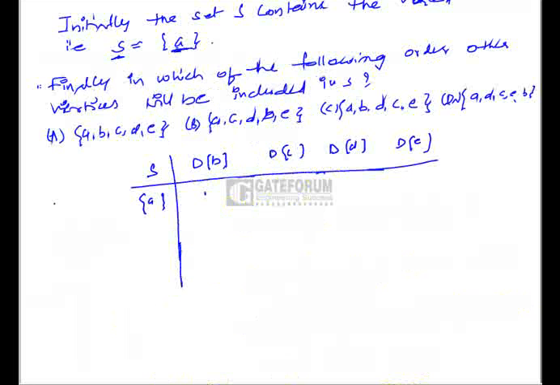So here we'll write 1. There is no edge between A and C. So here the distance will be infinity. And there is an edge from A to D, and the distance is 3. So here we'll write 3. And there is a direct edge between A and E, and the distance is 10. So here we'll write 10.